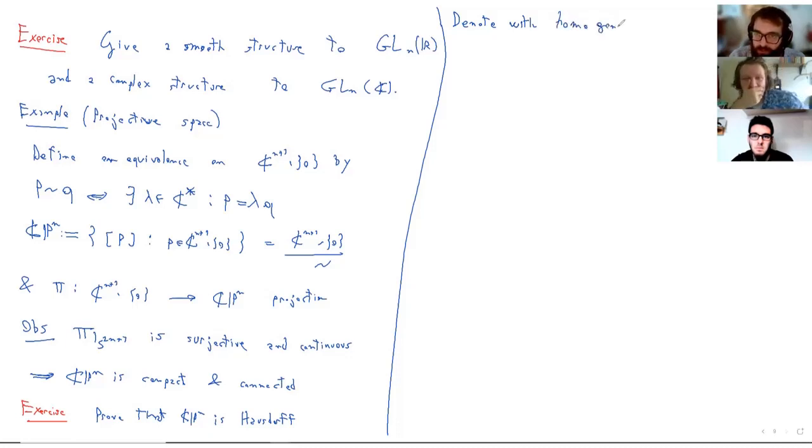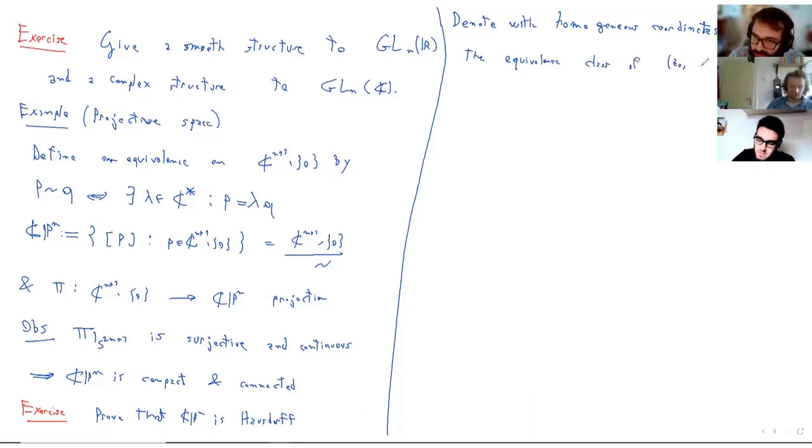We will do quite some very important examples on the projective space. These are so-called homogeneous coordinates, and this is just the equivalence class of z0, comma, zn in Cn plus 1 minus 0. I don't add a zn plus 1, I just add z0 at the start.